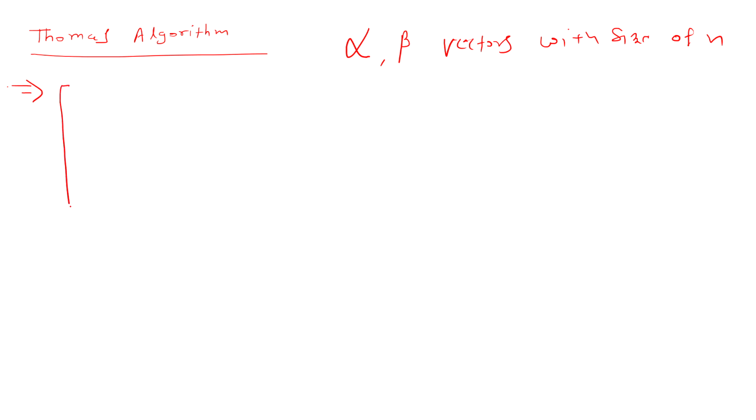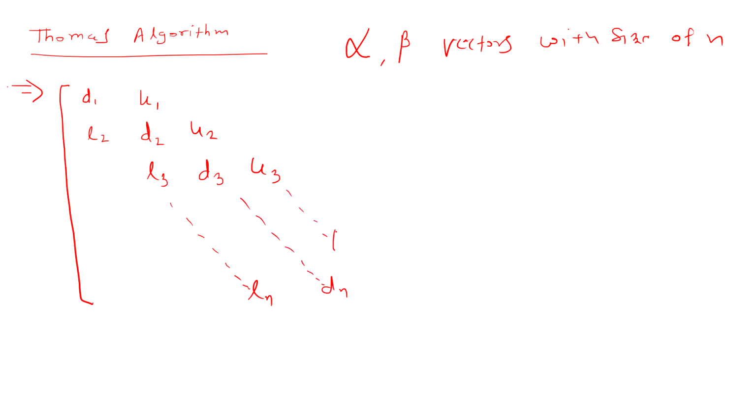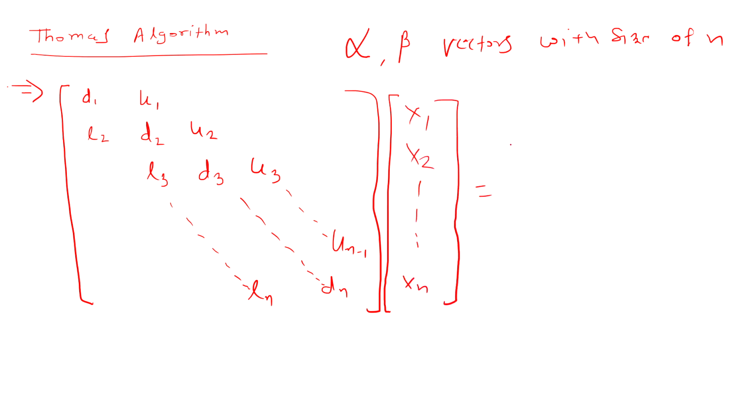So this is my matrix D1, U1, L2, D2, U2, L3, D3, U3, going to Ln, Dn, Un minus 1, times x1, x2 going up to xn, equal to b1, b2 going up to bn.